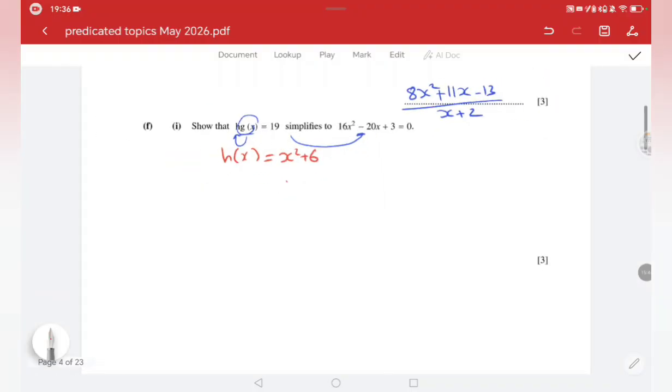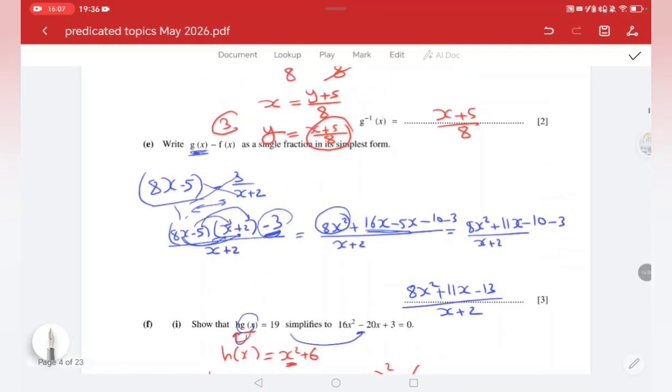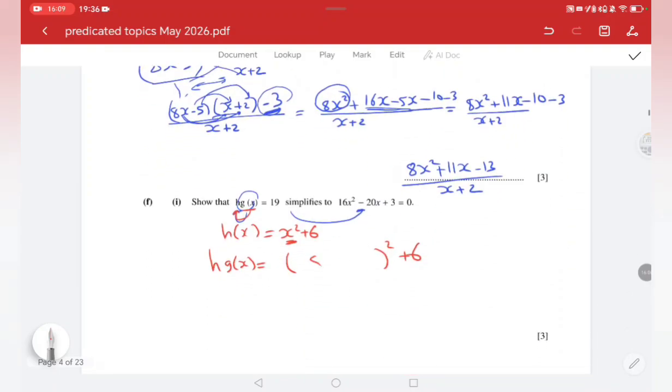So they said g of x and substitute it inside h. So you take x squared, and instead of x, we put g of x inside. We said before that g of x is 8x minus 5.